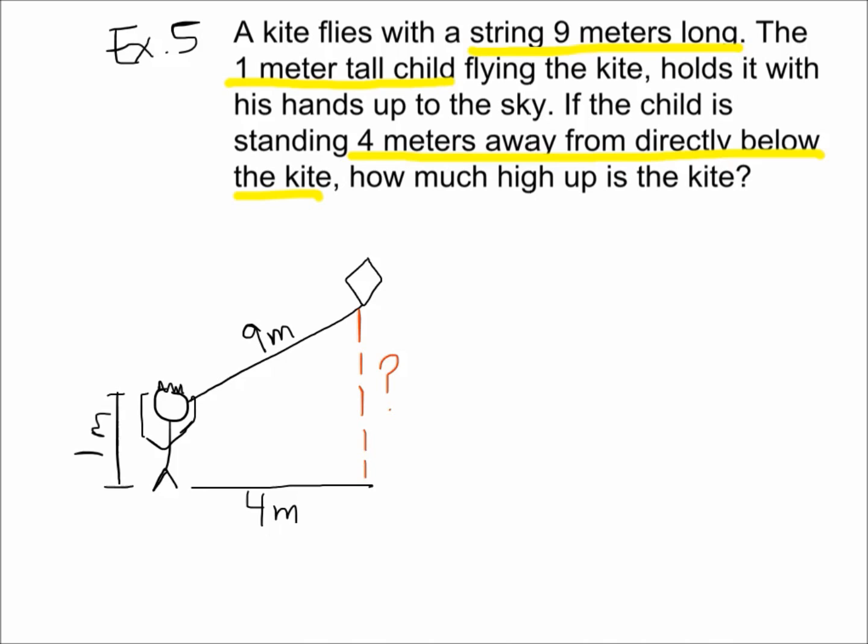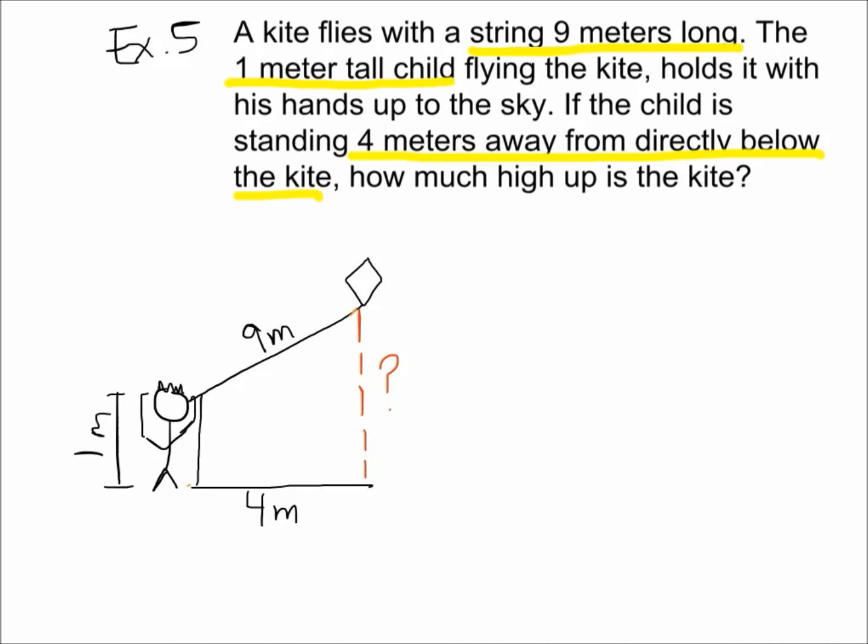Now, if only they had given me the string and it was attached to his foot. If it were attached to his foot, I think I could have done it really easily. But they didn't do that. He's holding it like this. So here's my interjection here.